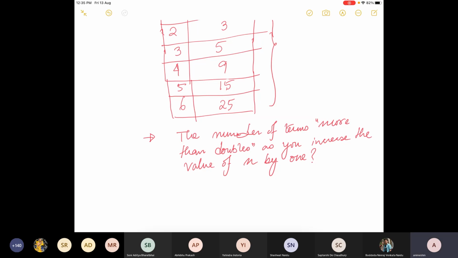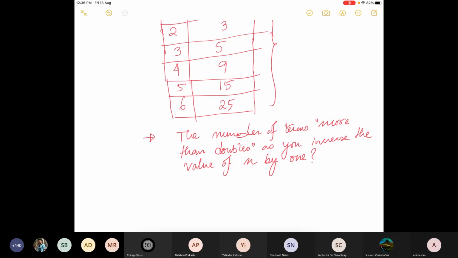Is this true? No. For 5 to 9, even for 15 to 25, it is not. Not so. Okay.